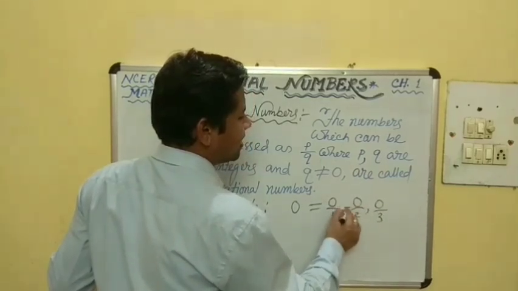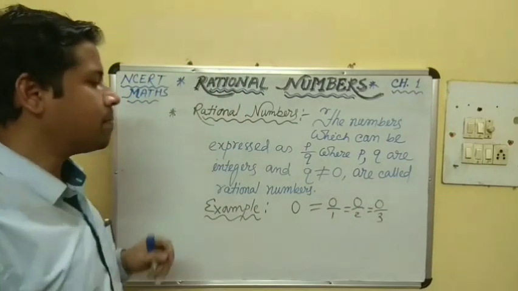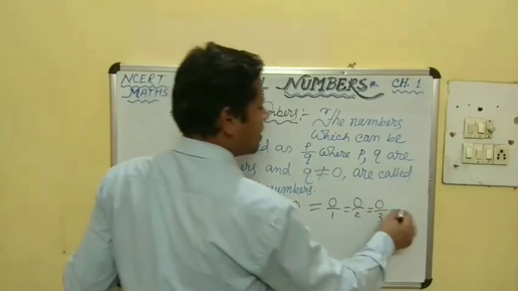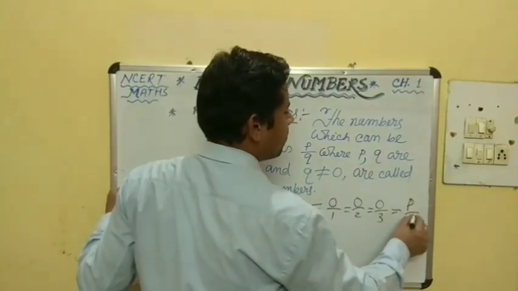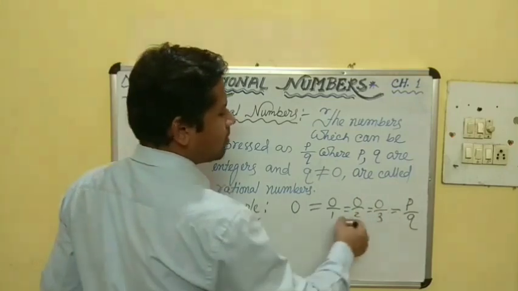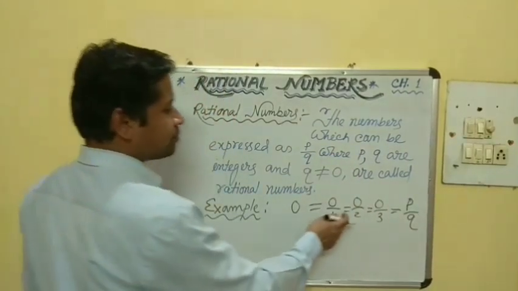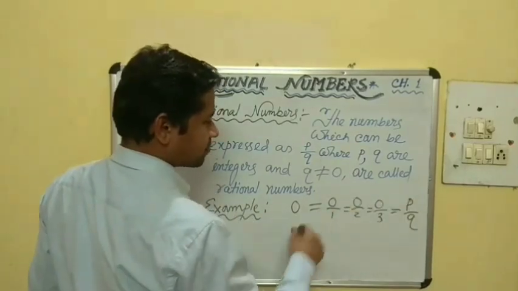All of them are in the form of P by Q, where P is 0 every time and Q may be any non-zero integer.